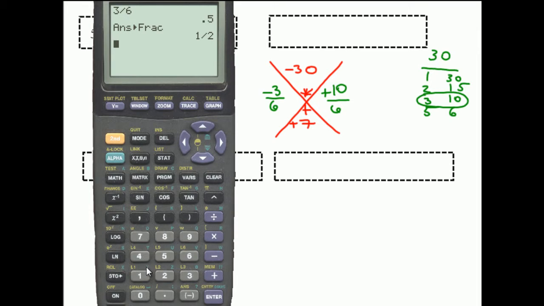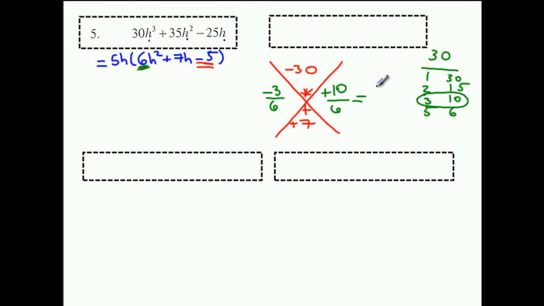Same thing with 10 over 6. 10 divided by 6, then hit fraction, hit enter, 5 over 3. So this is 5 over 3. And this is minus 1 over 2.